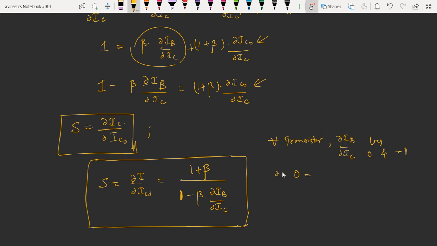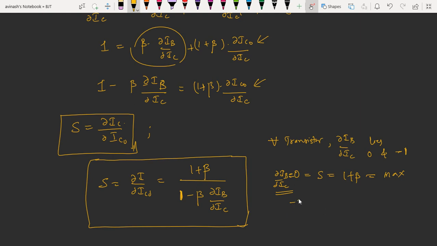If dou IB by dou IC value is 0, then what we get here is (1 plus beta) by 1. So the stability factor will be maximum when dou IB by dou IC value is 0.